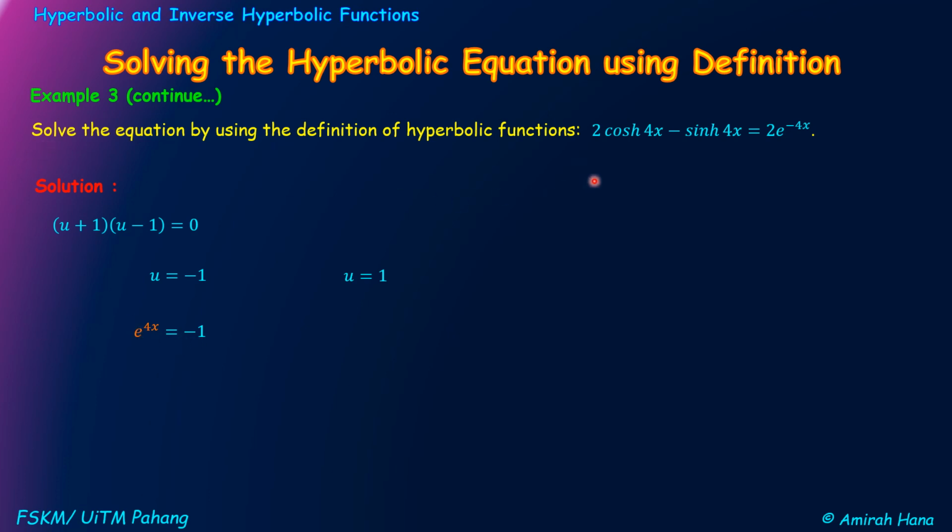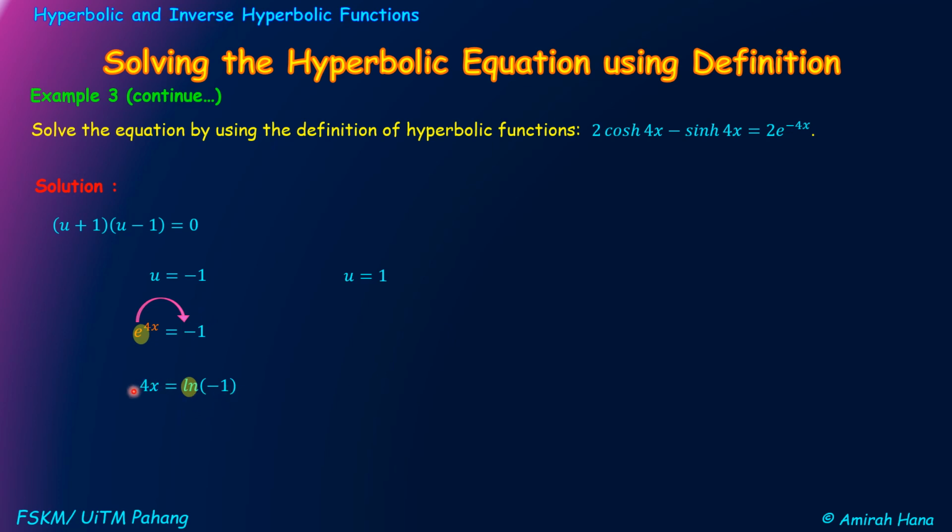Solve means we need to find the values of x. And x now in exponent. So to solve exponent, we need to move e to right hand side. After we move e to right hand side, we get left hand side 4x equals to ln negative 1. And ln negative is error.